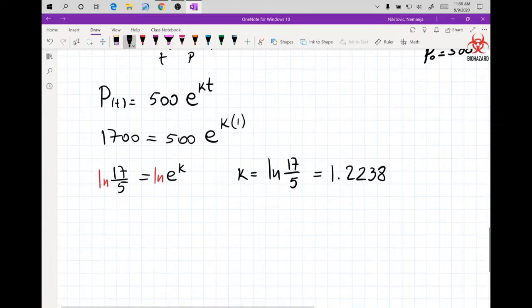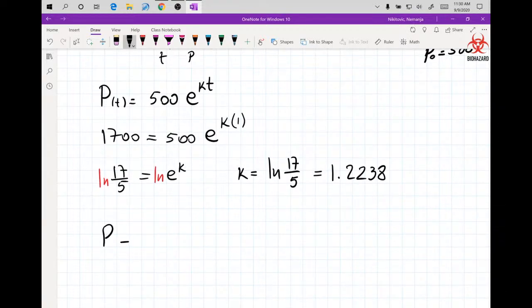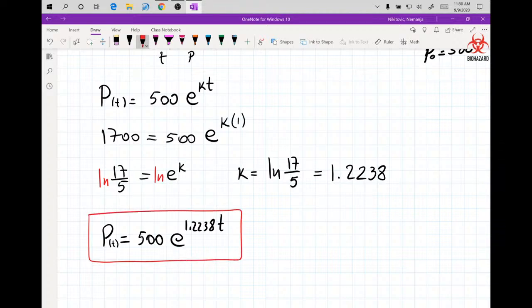So now I have my k, and when I write p of t, a function of time, it is 500 e to the 1.2238 t. This becomes the particular solution.